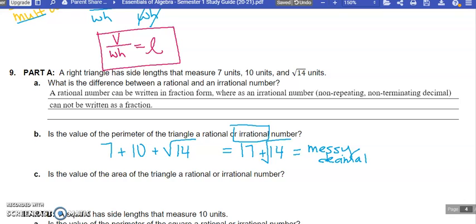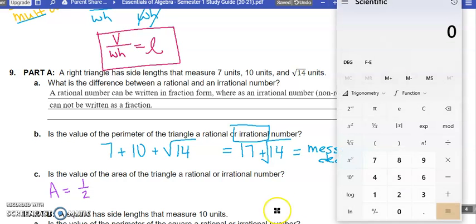Is the value of the area of the triangle rational or irrational? Well, let's look at the area formula for a triangle. So you know that area equals 1/2 times base times height. So the biggest side is going to have to be the hypotenuse.